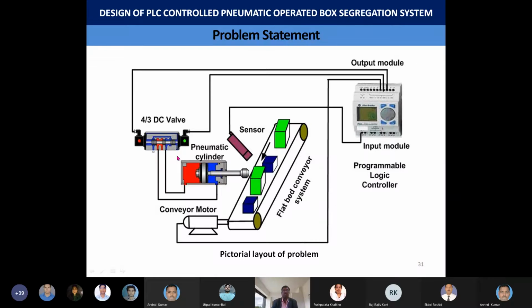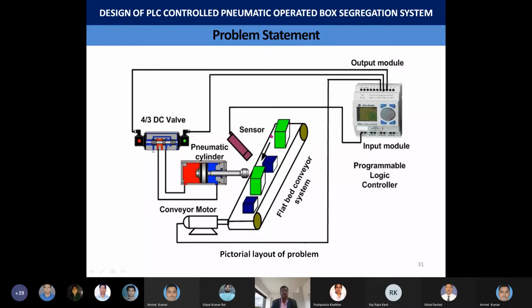Now, this is the physical representation of the statement. Here we have a flat bed conveyor run by the conveyor motor, and a proximity sensor. The conveyor carries the high boxes and the low boxes.